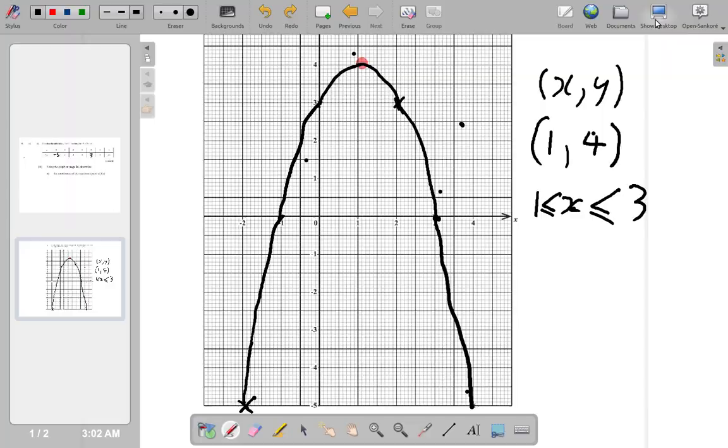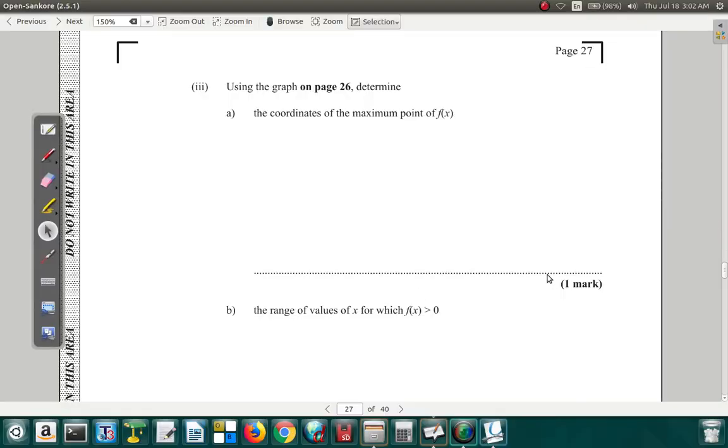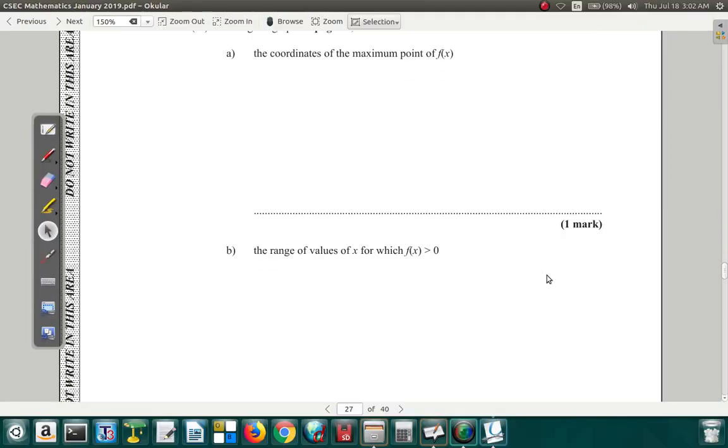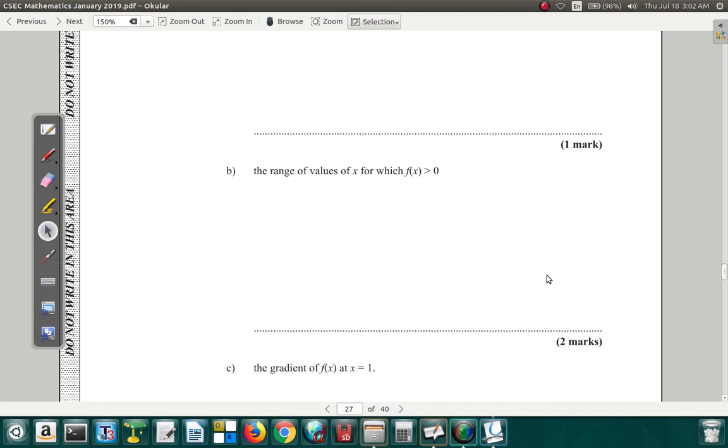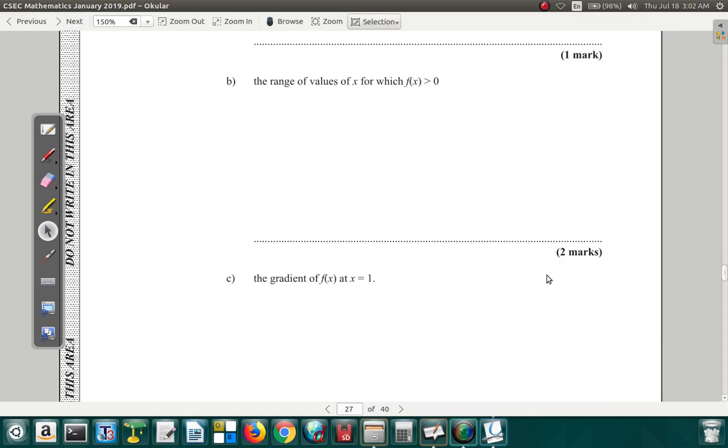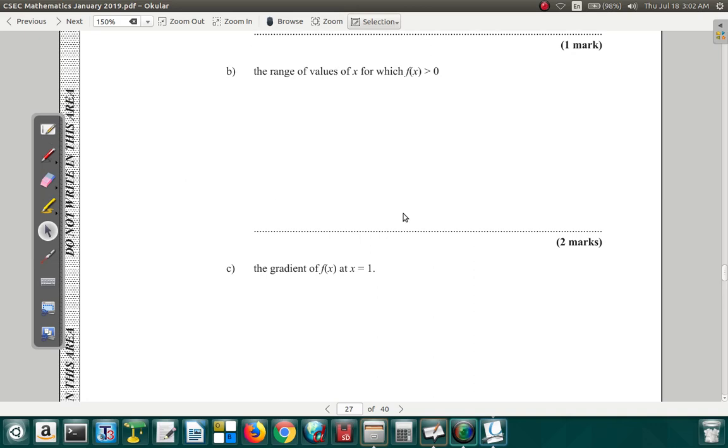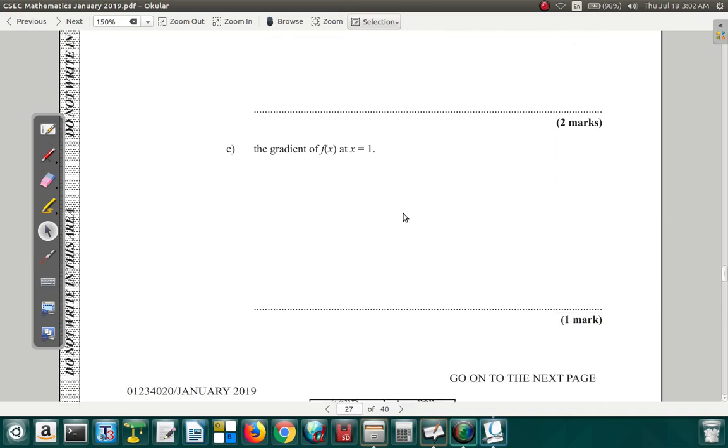Let's see what else they ask for. Part B is the range of values of f of x for f of x greater than 0. Part C says what is the gradient of f of x when x is 1. The gradient of f of x when x is equal to 1. Alright, so we're going to look at that.